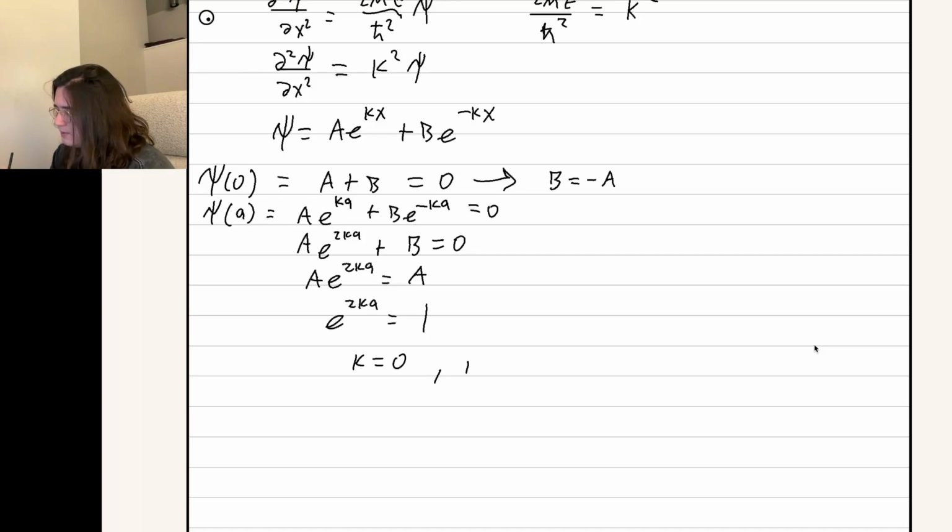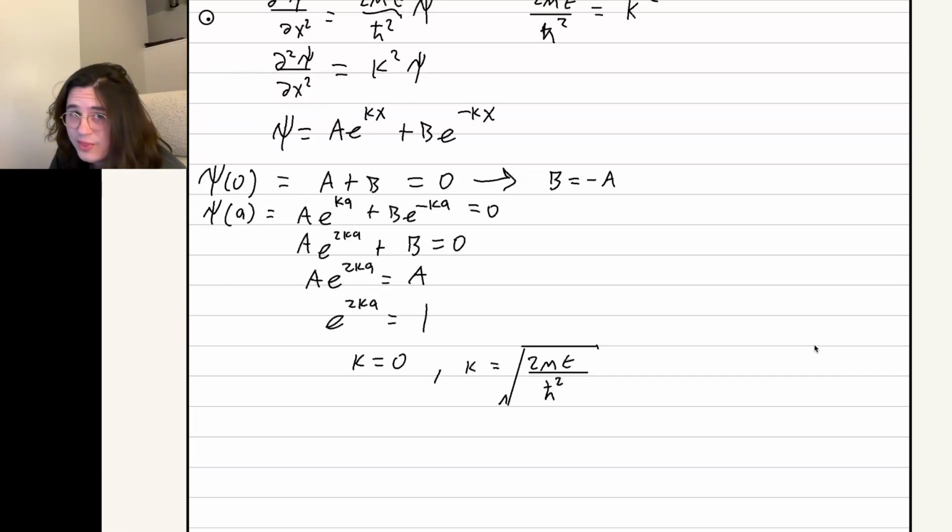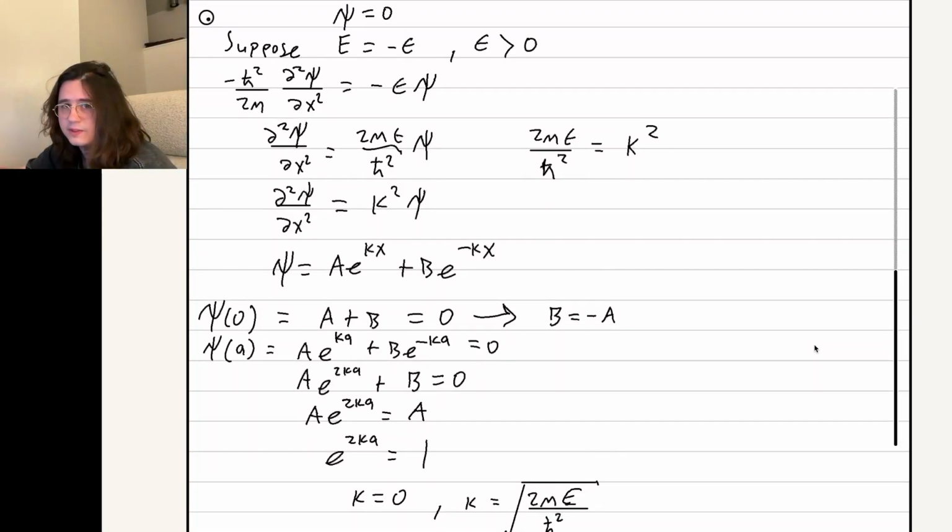But remember, k is just the square root of 2m epsilon over h bar squared. m better be positive, otherwise it's a particle without mass. And those don't exist. I'm just kidding. But also, we defined epsilon to be positive to solve for this stuff.